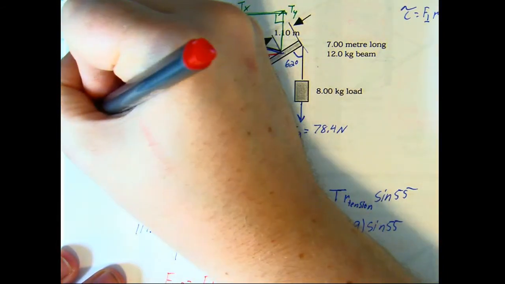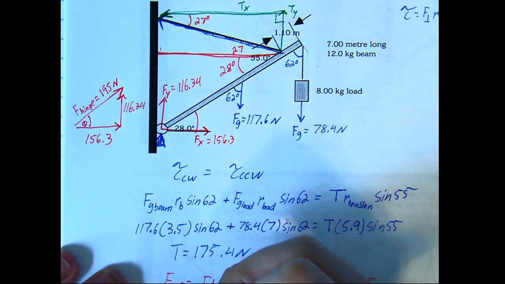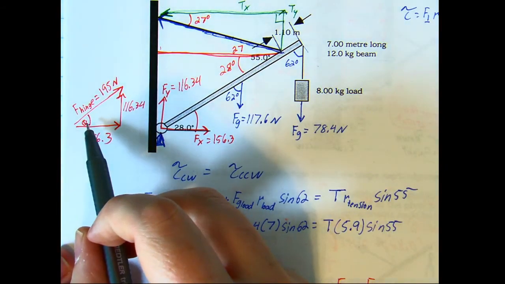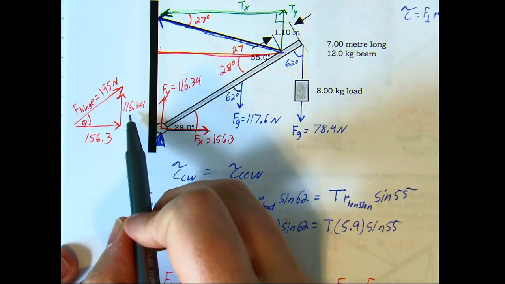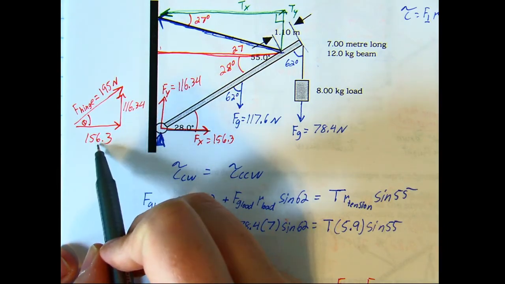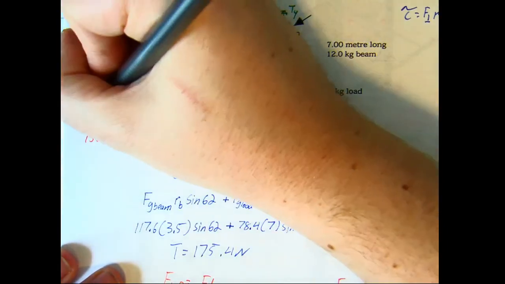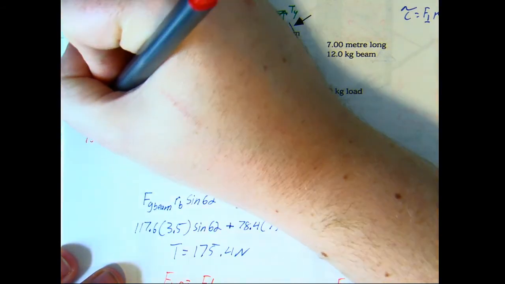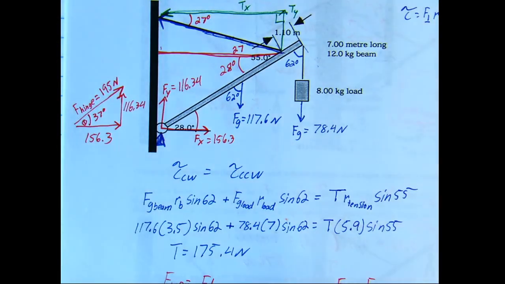And I'm going to use tangent to figure out that angle there, so the tan inverse of 116.34 divided by 156.3 is 37 degrees. And that's it.